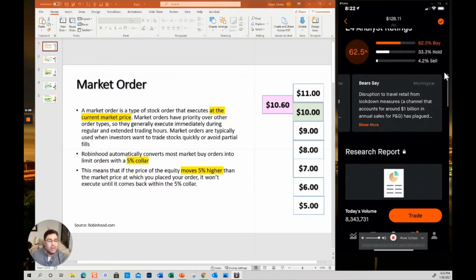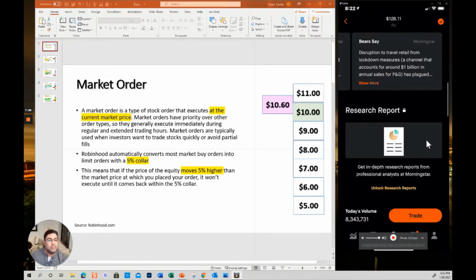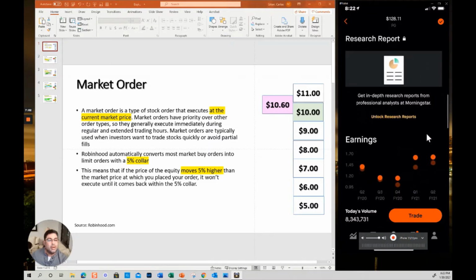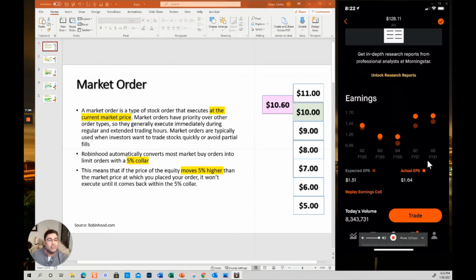What else do we have here? So there is a research report, but you have to pay for it. Then you have, this is very interesting. So this is the actual earnings per share, okay? And this is the expected. Now, I don't know if this is a mistake, but, oh, sorry. The fiscal year starts in July, okay?